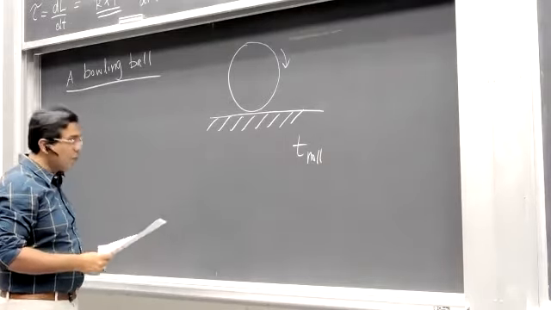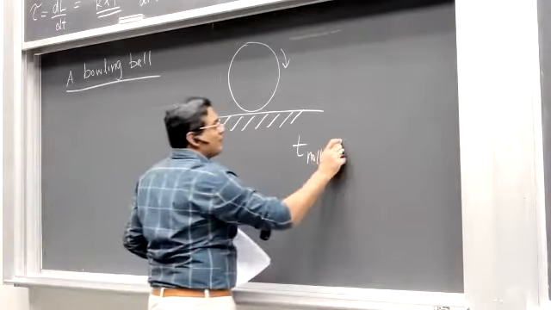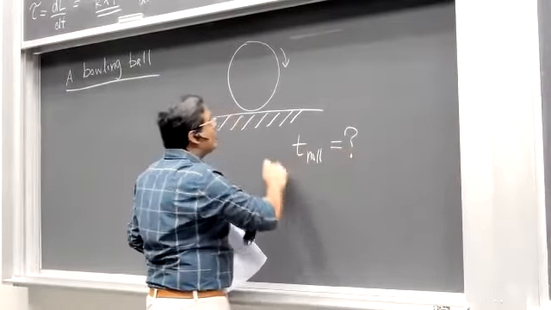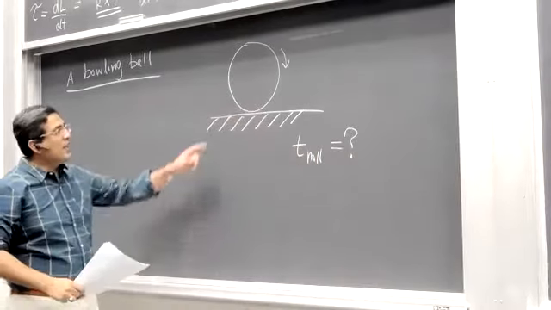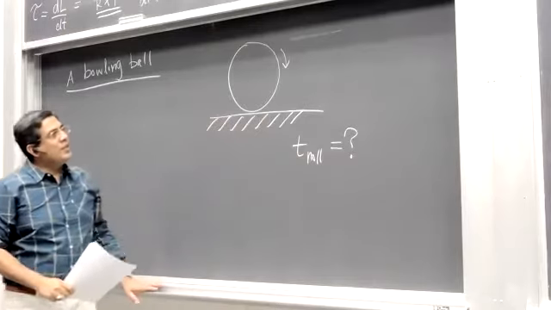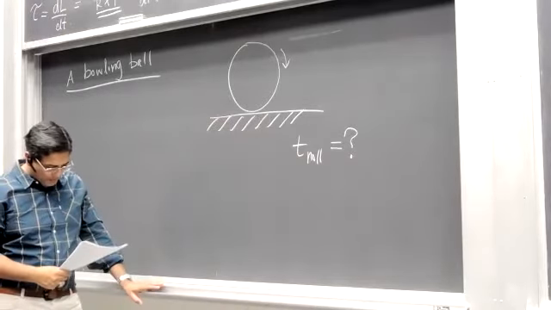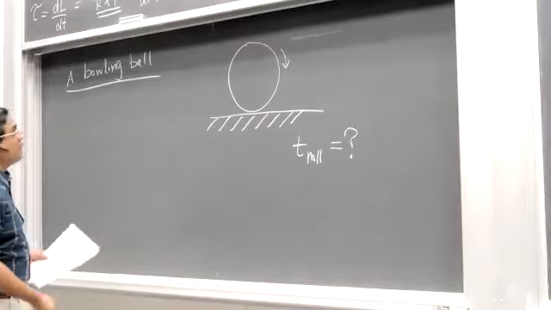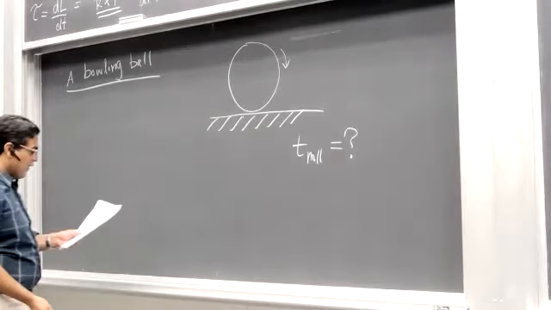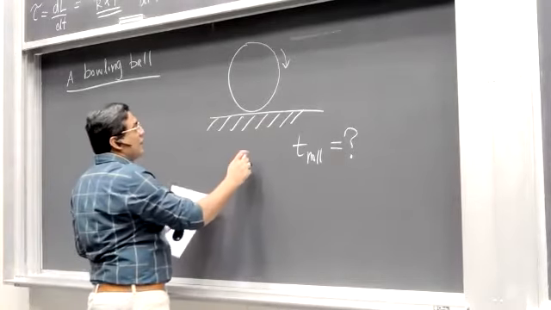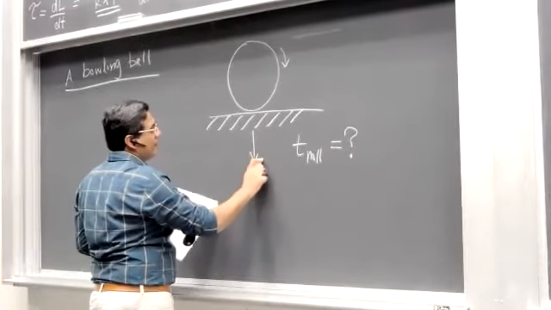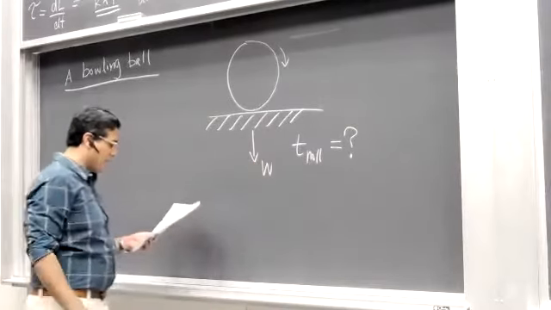We want to find out what that time is, when this ball would stop skidding and start rolling. Okay, let's start with a free body diagram. What are the forces? Weight downwards, right?